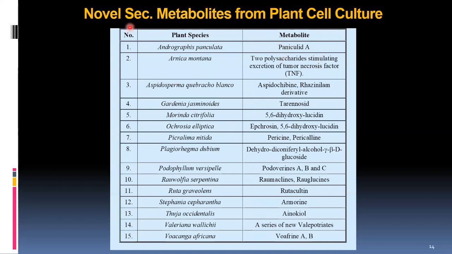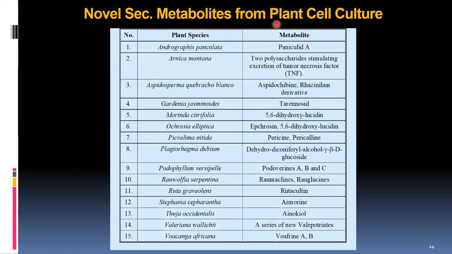Then there is another criterion which people have applied, which is novel secondary metabolites. What is meant by novel? These secondary metabolites are not found in the intact plant which is growing in the field. But when you bring these plants into culture, under the influence of culture conditions and the plant growth regulators that you have used, some additional branches develop in the secondary metabolite pathway, and you get production of completely new metabolites in tissue culture.